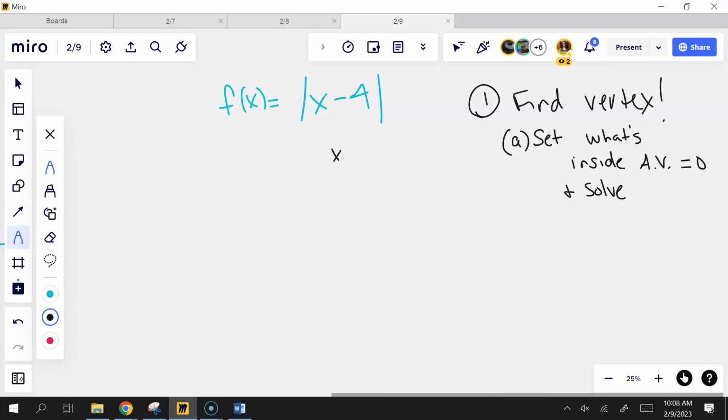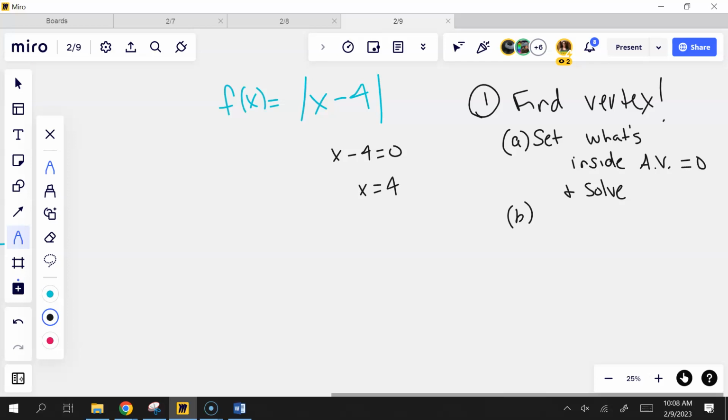So x minus 4 equals 0. So you're right, x equals 4. Okay, so that's the x part of my vertex, right? How do I find the y part of the vertex? Just like with quadratics, after you found x, you would put that value in, right? And in this case, since there's nothing else over here, it's just going to be 0, right?